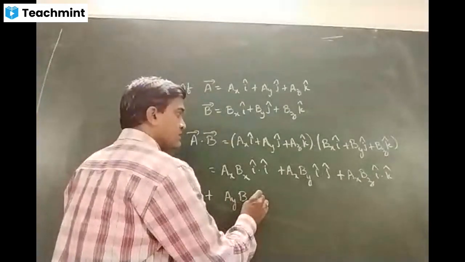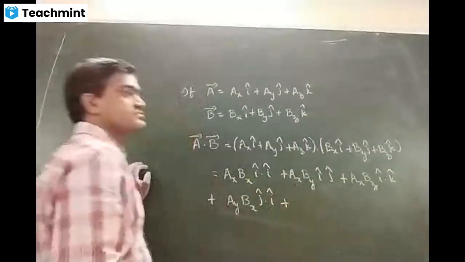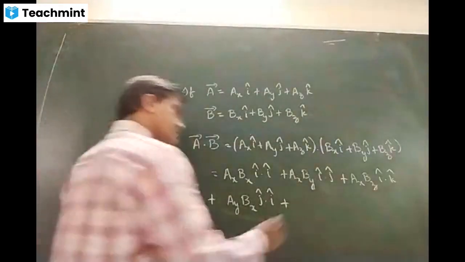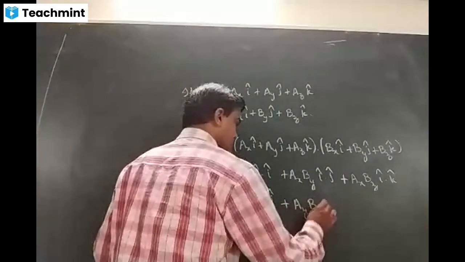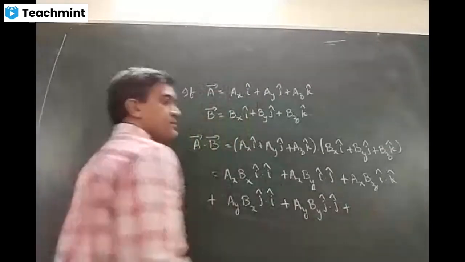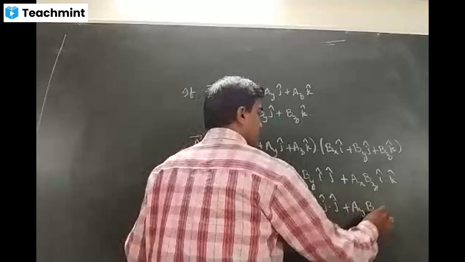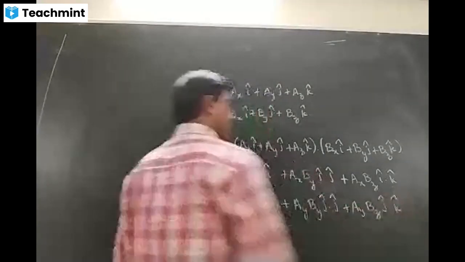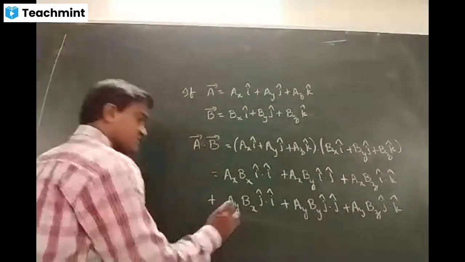Then AY BY, J cap dot J cap. Plus AY BZ, J cap dot K cap.